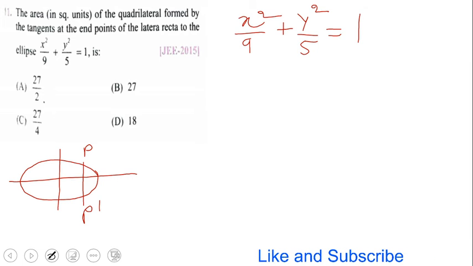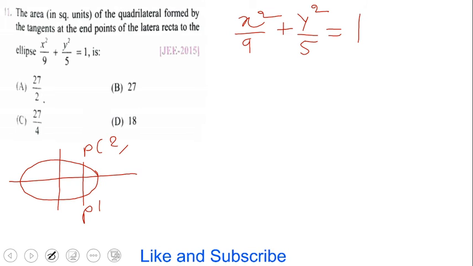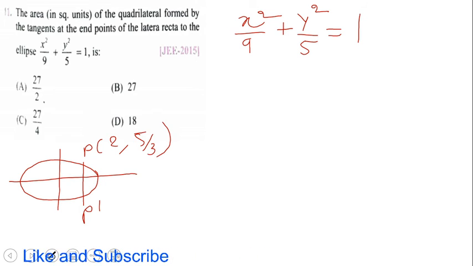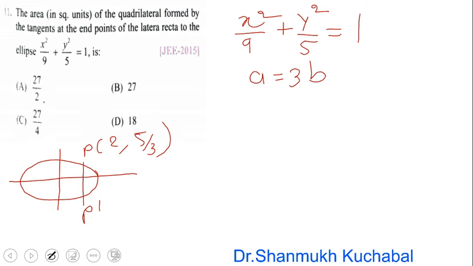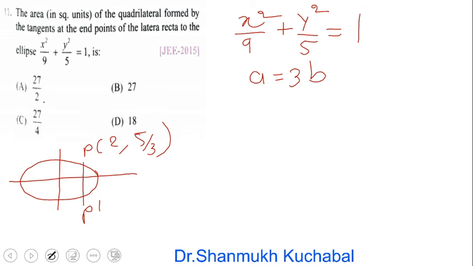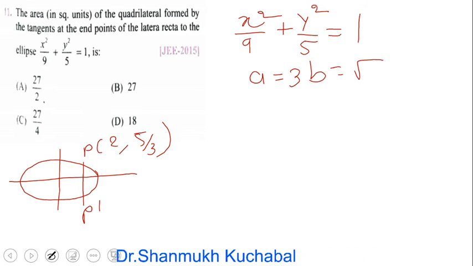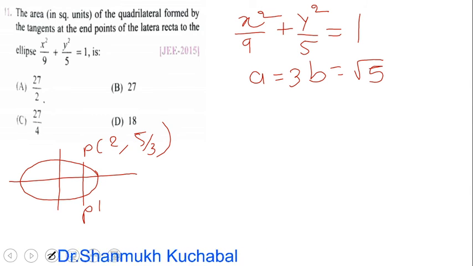If you focus on the diagram, we are going to get this as 2 and the y coordinate will be 5 by 3 here. Looking at the equation of the ellipse, we can write it using the standard formula. Here a is 3 and b square equal to 5, b is root 5.